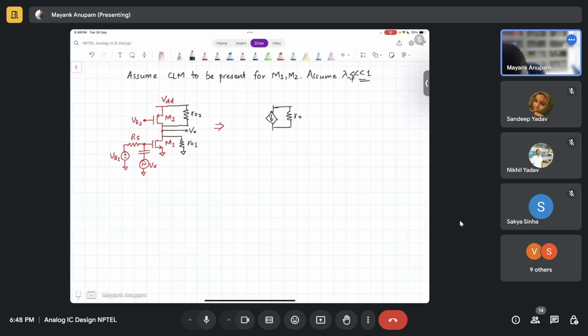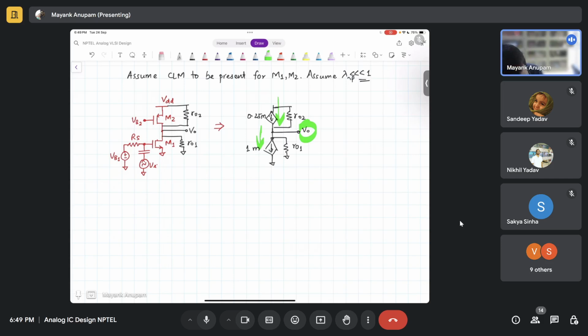Then there is another current source here, another R out, right? And this is your V out. This was 0.25 milliampere, this was 1 milliampere. So this guy is supplying 0.25 from the top, and at the bottom it is demanding 1 milliampere. So what is going to happen to this V out node?